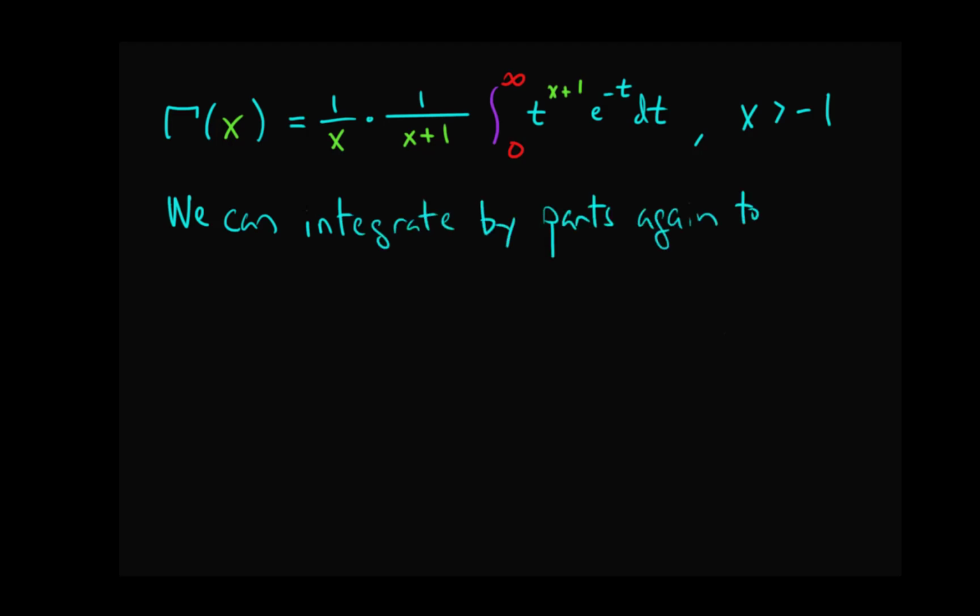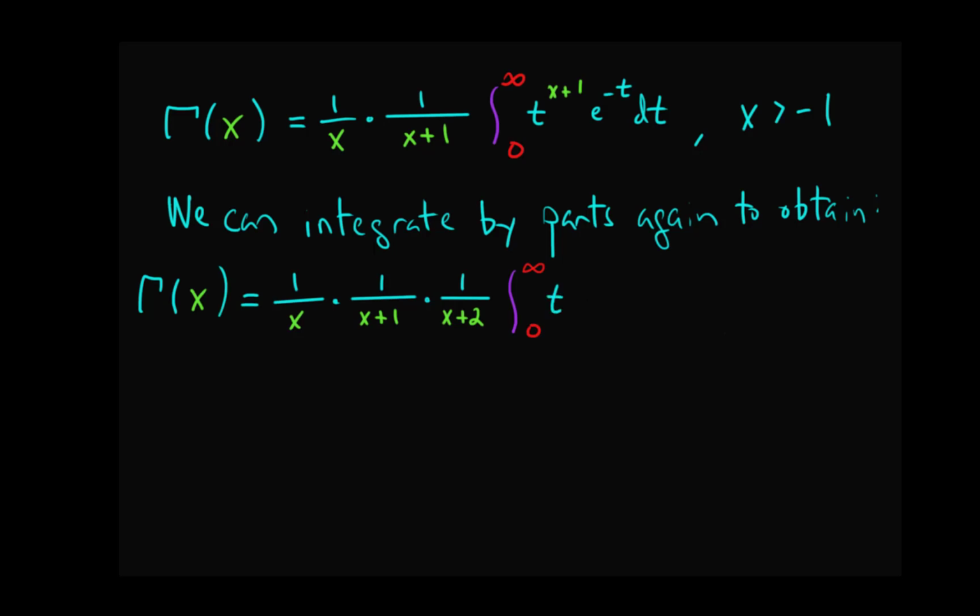And here I'll spare you the details because we've done this integration by parts twice already. We would get gamma of x equals 1 over x times 1 over x plus 1 times 1 over x plus 2 times the integral from infinity to 0 of t to the x plus 2 times e to the negative t dt.